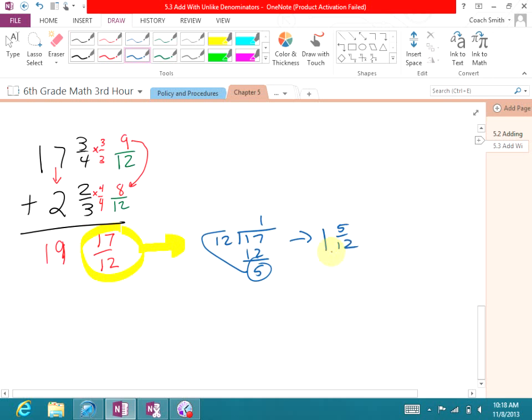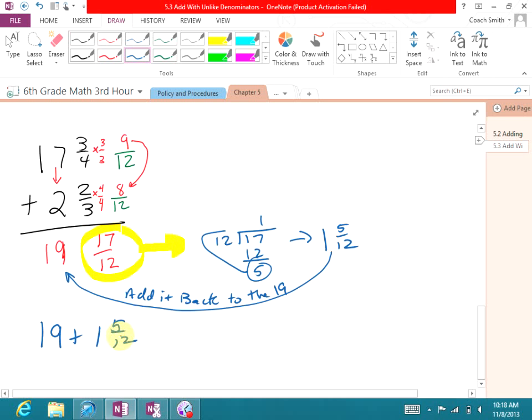I must take this and add it back to the 19. So that's 19 plus 1 and 5 over 12, which is 20 and 5/12.